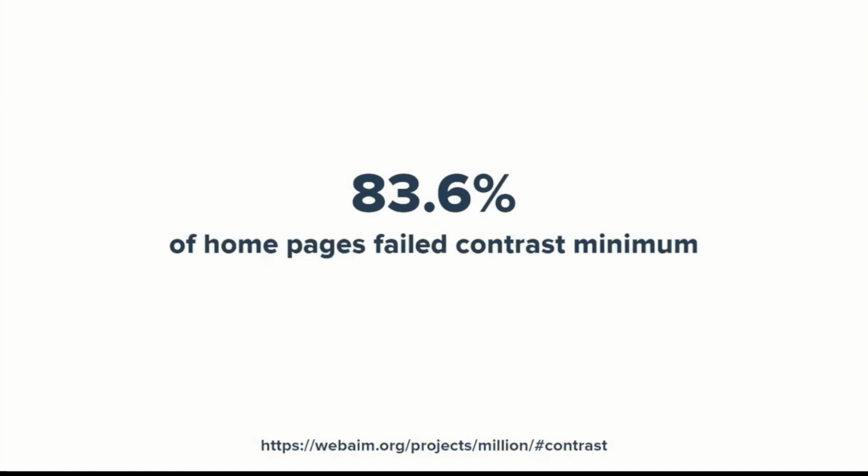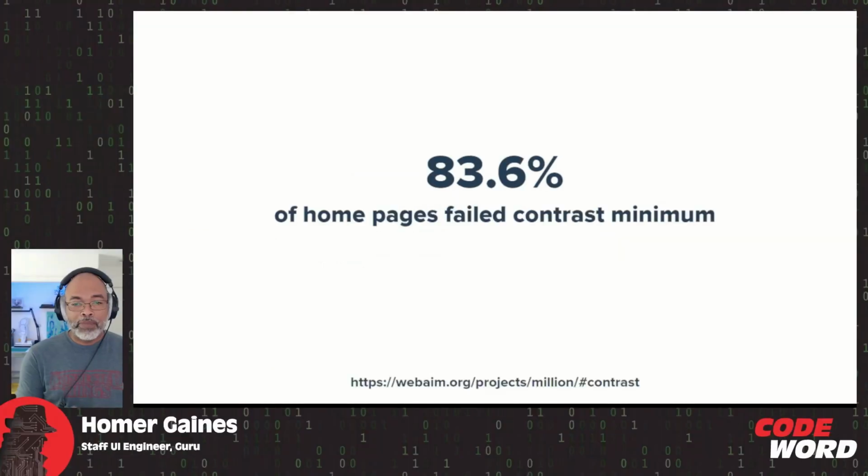There's a company called WebAIM, and every year they do a survey where they test 1 million websites. And those websites come back with various accessibility issues that they discover. These tests are both automated and also manual tests.